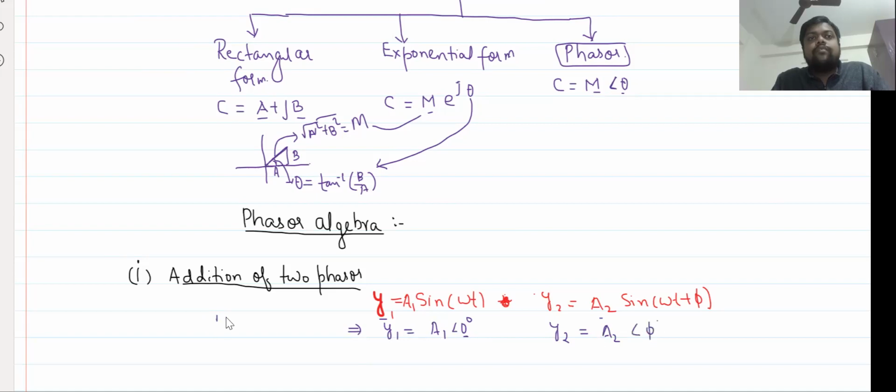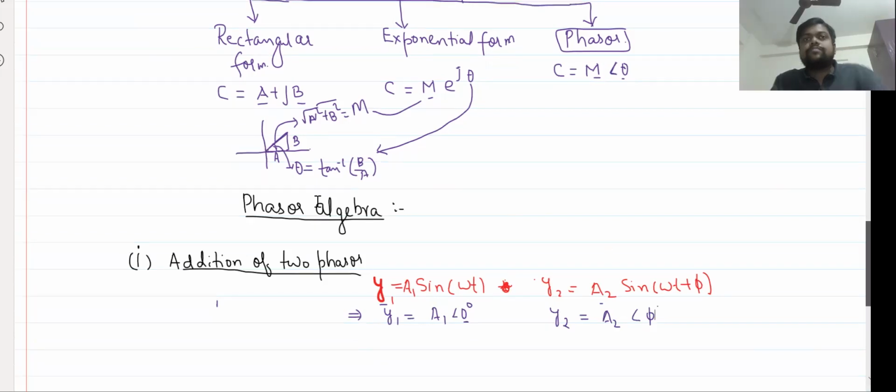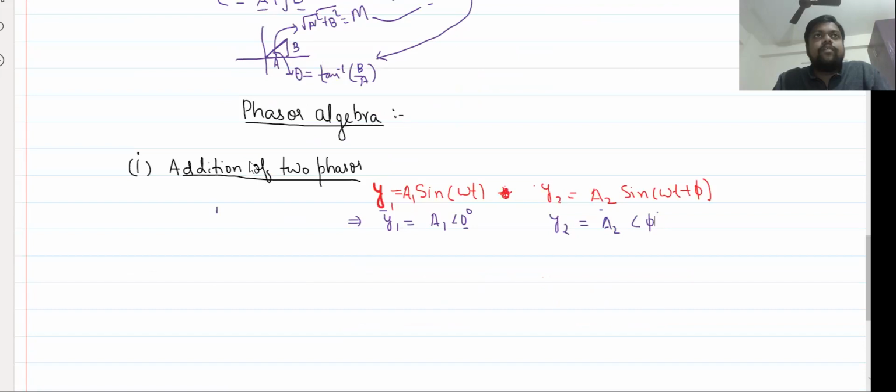If you want to represent these in phasor format, you draw two circles of different radii. Here one will be A1; we don't know which one is greater, so let us take A2 greater than A1.